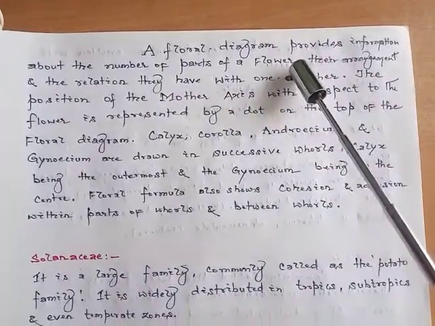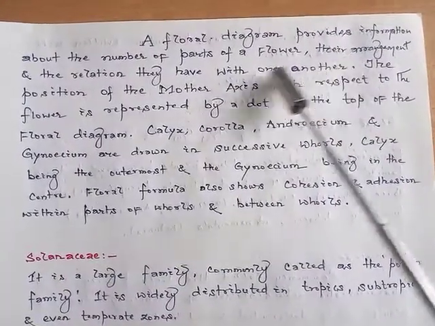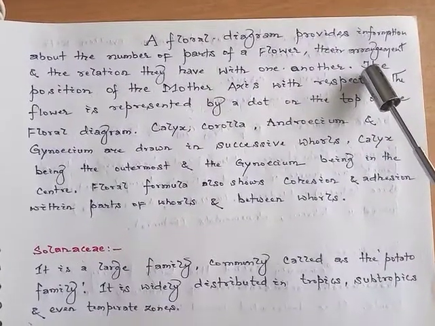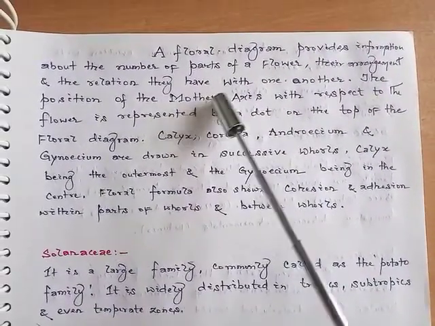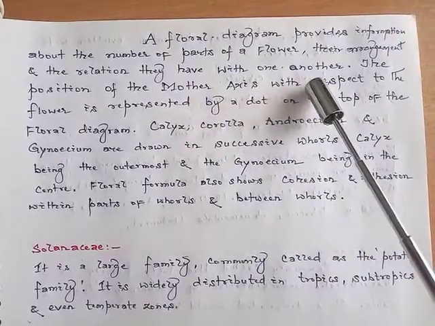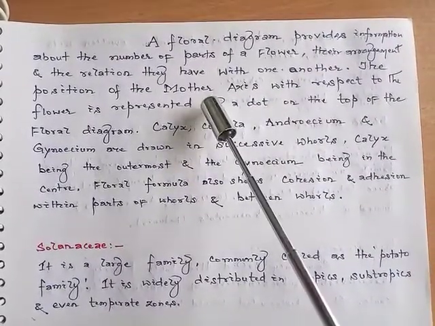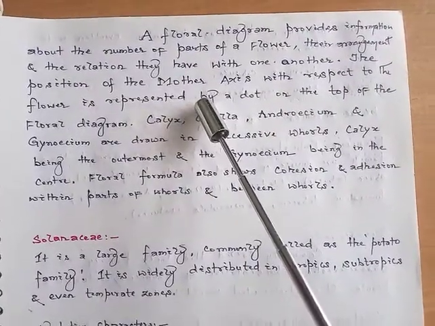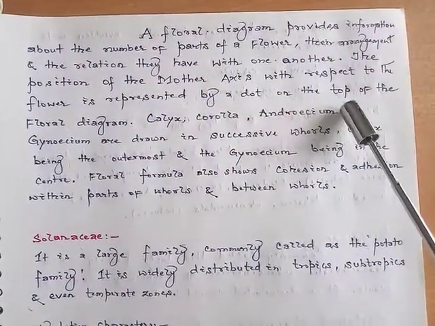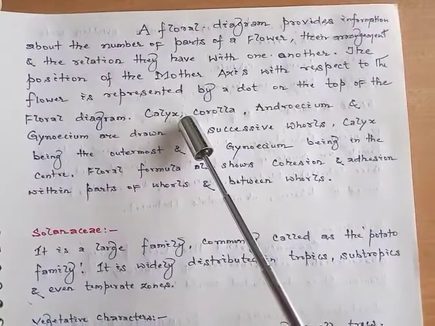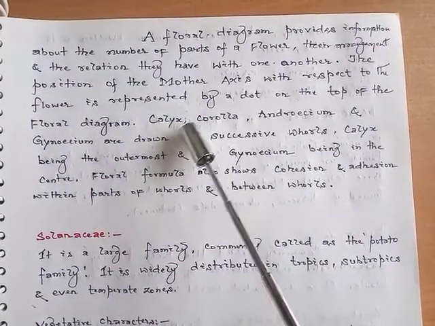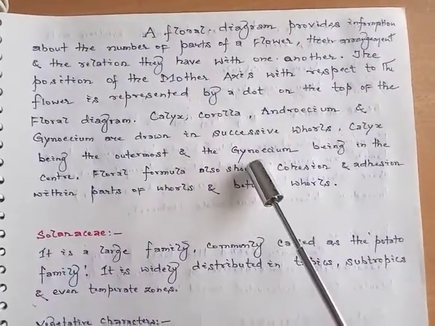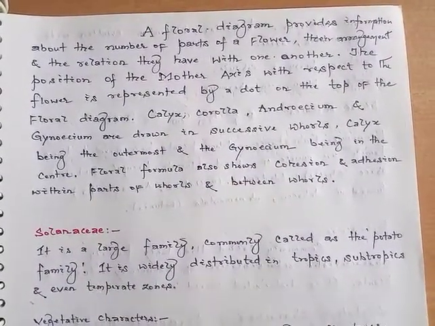A floral diagram provides information about the number of parts of a flower, their arrangement, and the relation they have with one another. The position of the mother axis with respect to the flower is represented by a dot on the top of the floral diagram. Calyx, corolla, androecium and gynoecium are drawn in successive whorls.